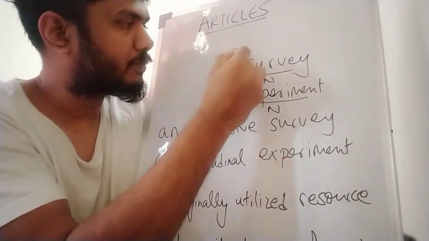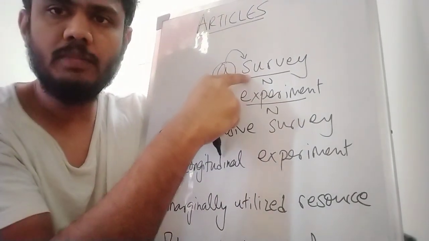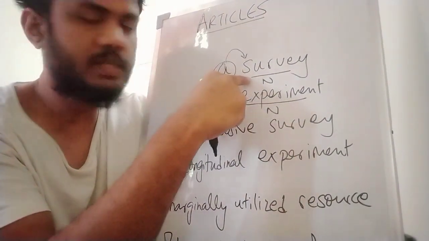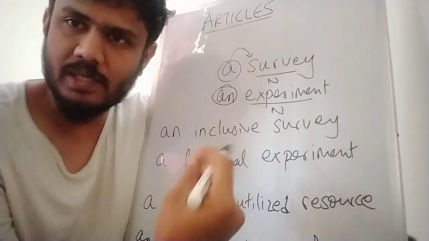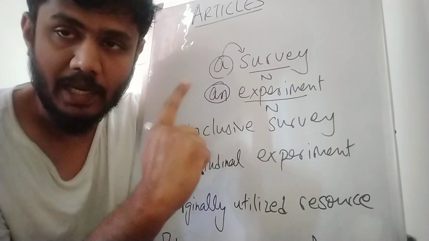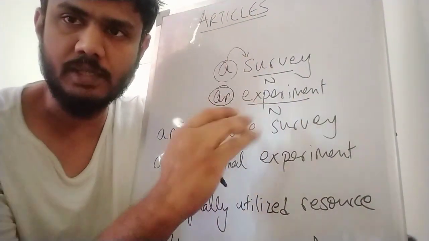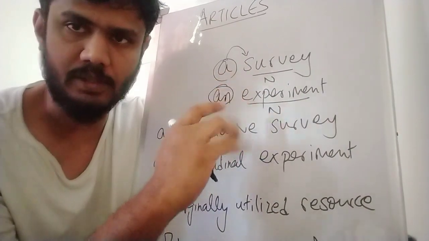So here, we're using a survey because this word begins with an S sound, right? One thing we need to understand is it's not always just the letter, but the sound that it produces, which is very important. But in this case, they're both consonants. S and S, they're both consonants, right?